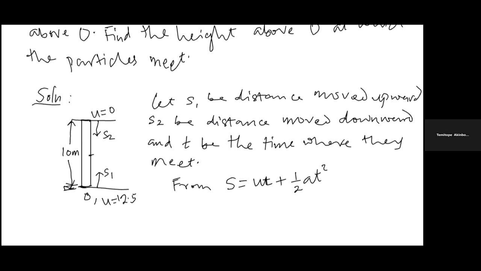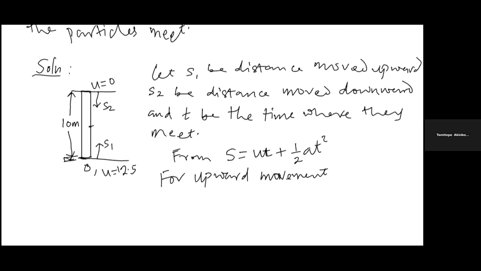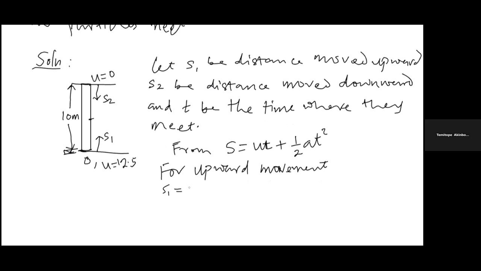So for upward movement, we are going to have S1 equals 12.5T plus, now, this one is moving up. This is vertical motion. Remember the formula that we started with, equation of motion.